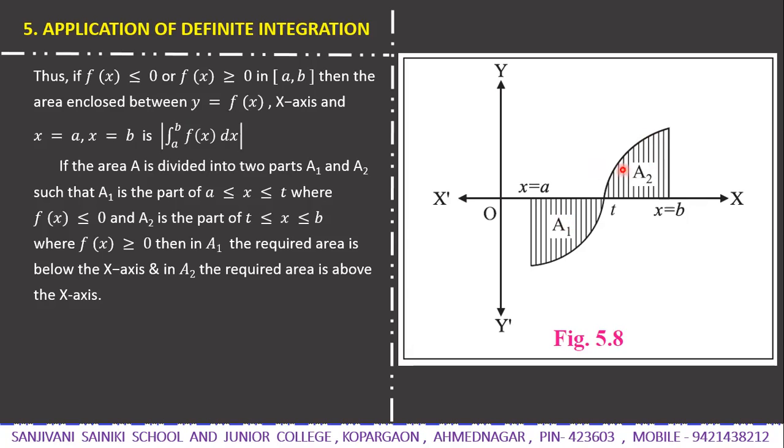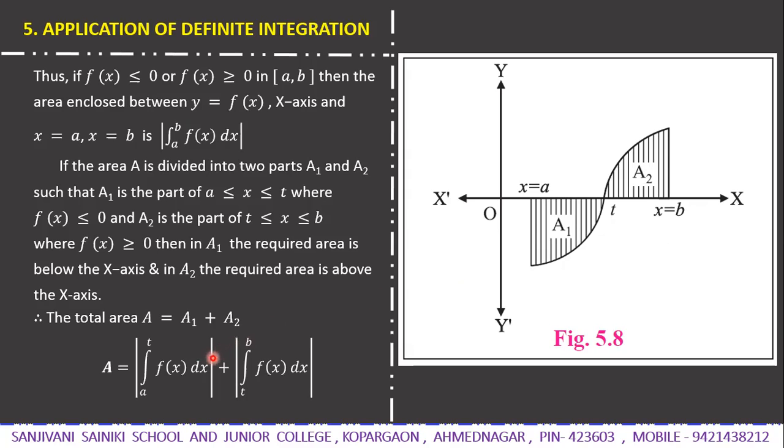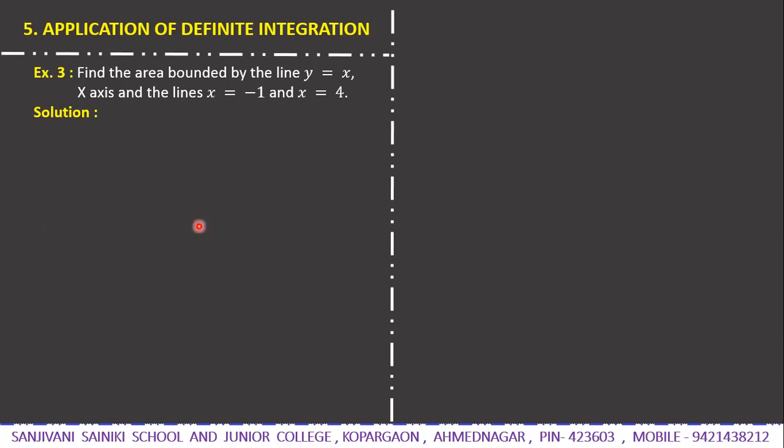Then we will find the area which lies above the x-axis. So we have to integrate from x is equal to a to t, and then t to b, like this. We will take the sum of these two areas by taking the modulus: a to t f of x dx plus t to b f of x dx.